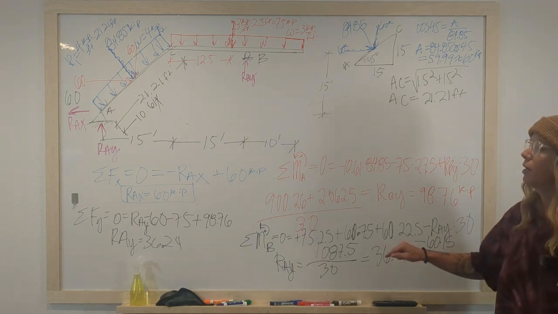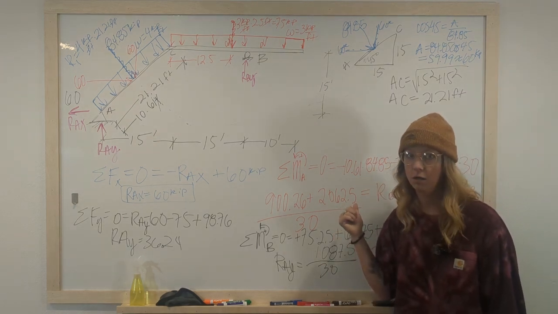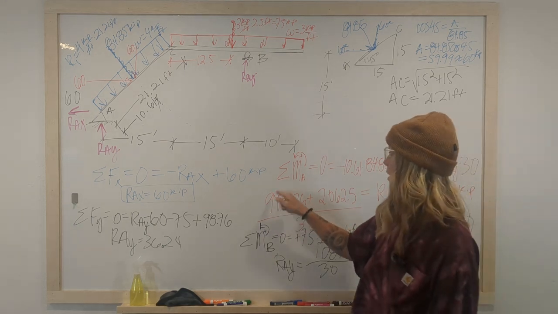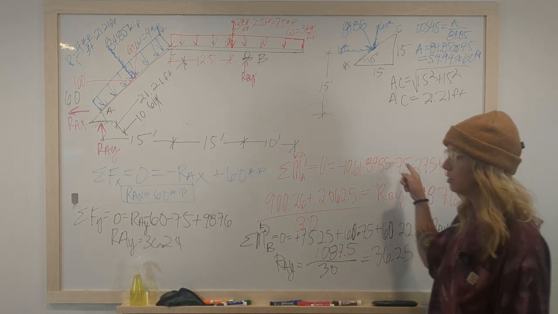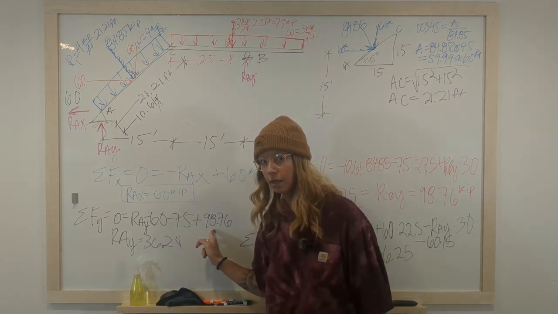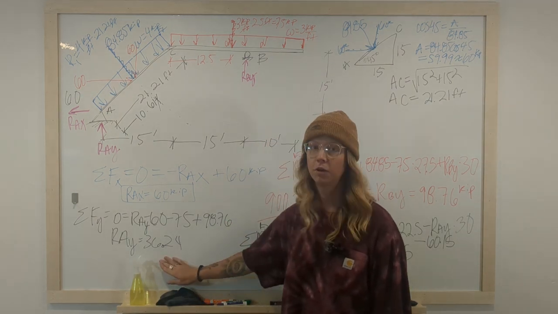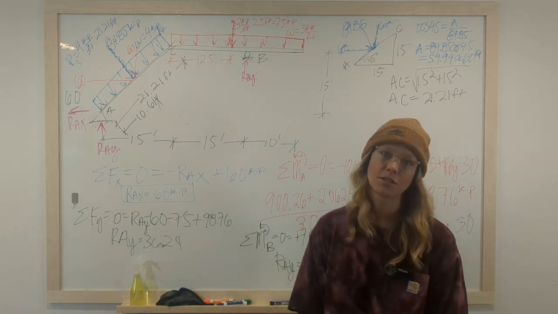It's important because if you get RBY wrong, say you did your sum of moments about A incorrectly, and then you just plug that number in here, blindly believe it, solve for RAY, and walk away from that problem, then there's something off there.